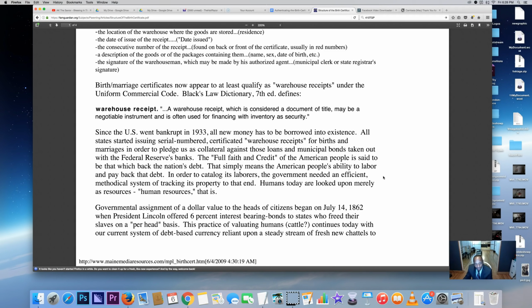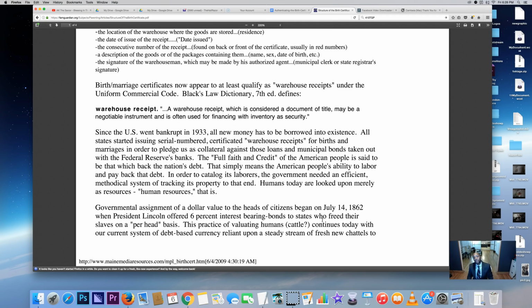Okay. Since the U.S. went bankrupt in 1933, all new money has been borrowed into existence. Remember, what you see on the dollar bill and on the money that we use is backed by the faith and credit of the American people. What is faith?